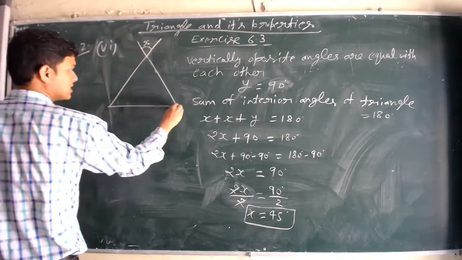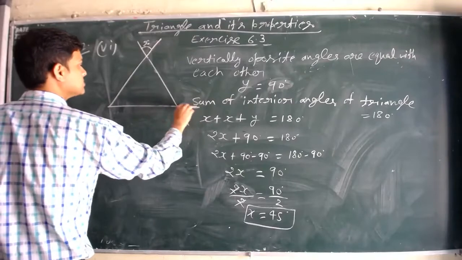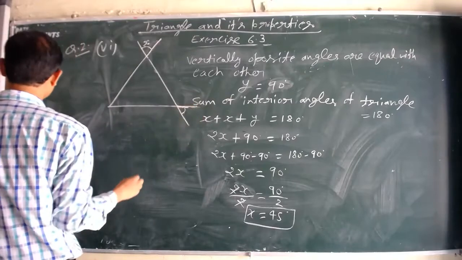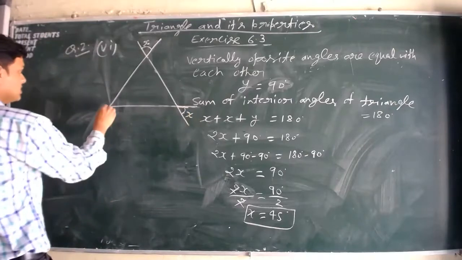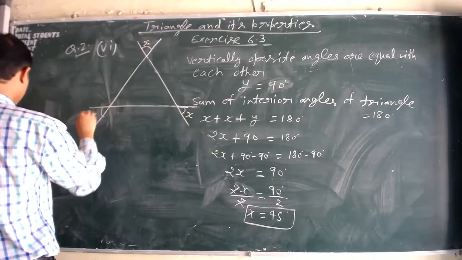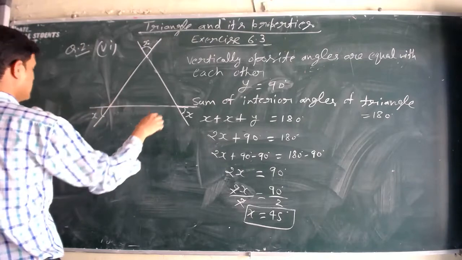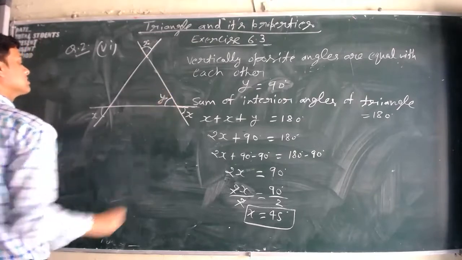These two are also marked equal, and this angle is equal to x. And these two are also marked equal, and this angle is also x, and this angle is equal to y.